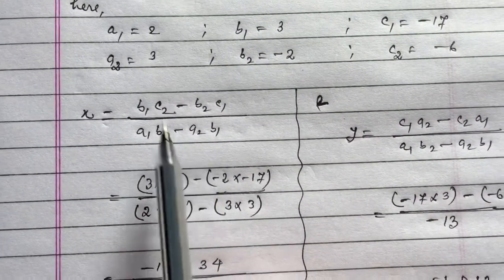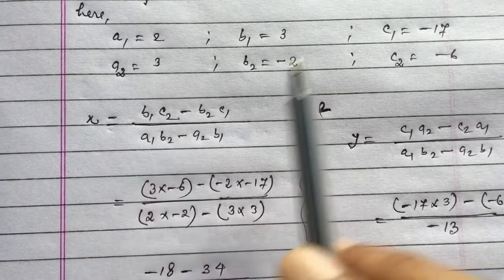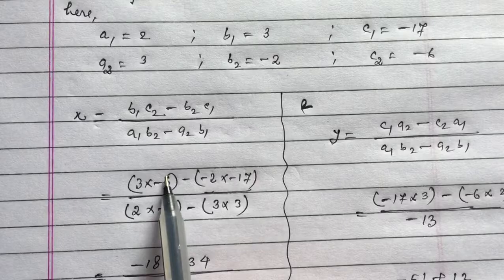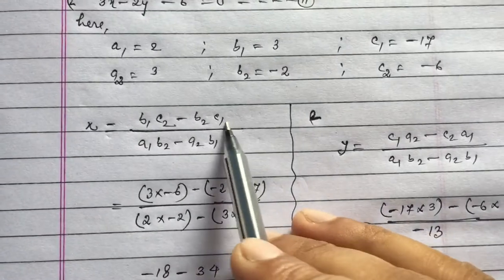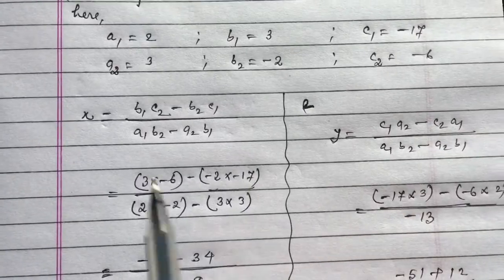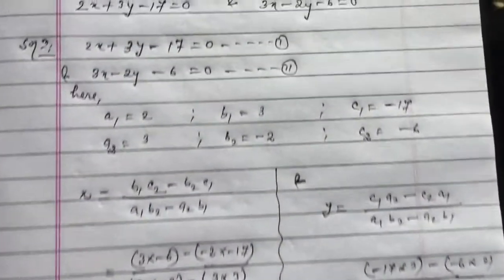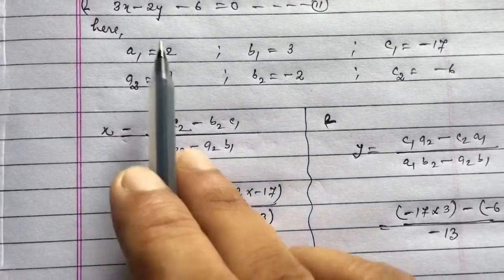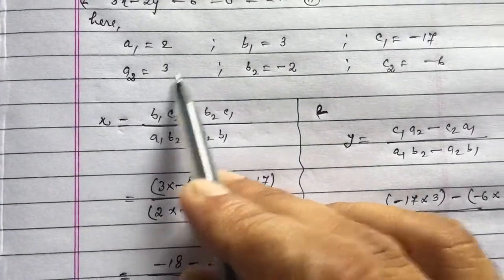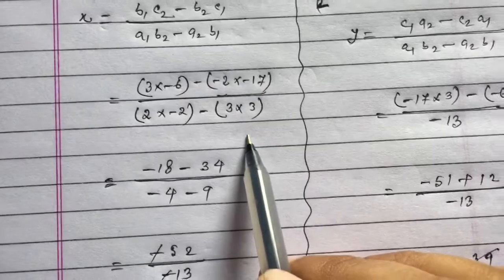Now substitute the values. b1 into c2, 3 into minus 6, minus b2 into c1, minus 2 into minus 17. In the denominator, a1 b2 is 2 into minus 2, minus a2 b1, 3 into 3.